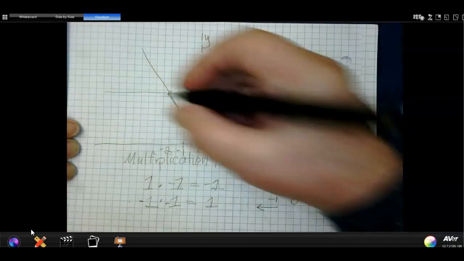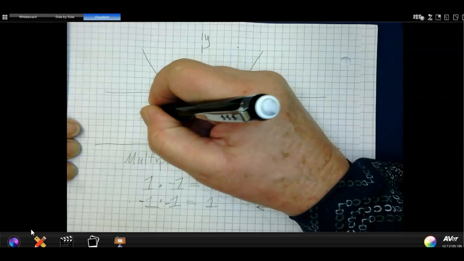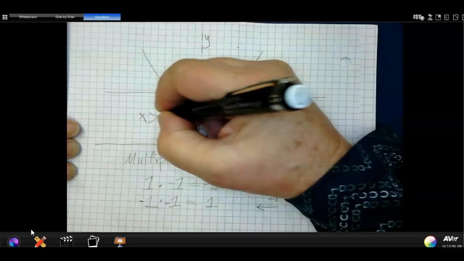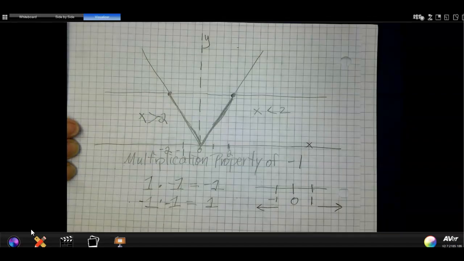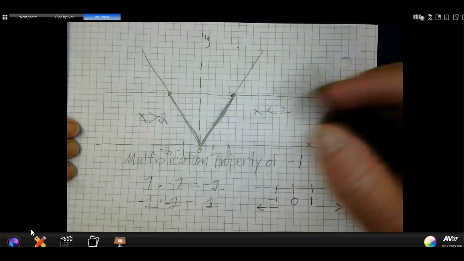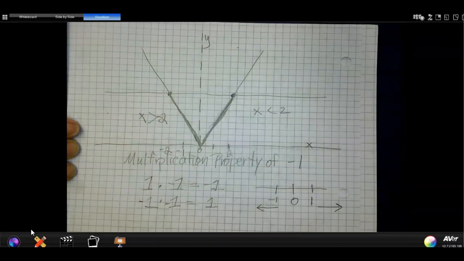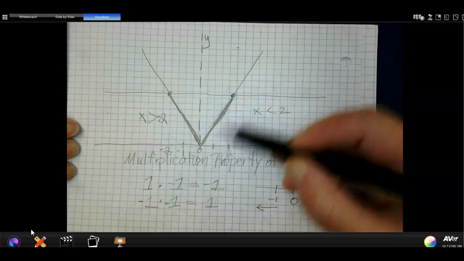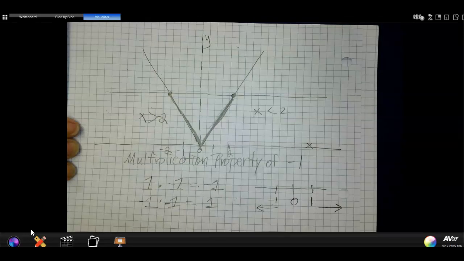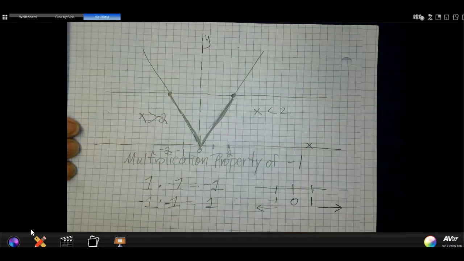So the answer to this is that x is greater than negative 2. Sorry about that. Okay? So here, x is clearly less than 2. Here, x is clearly greater than negative 2. Okay? But these two go together. It's a compound inequality. It's absolute value, but it behaves like a compound inequality.